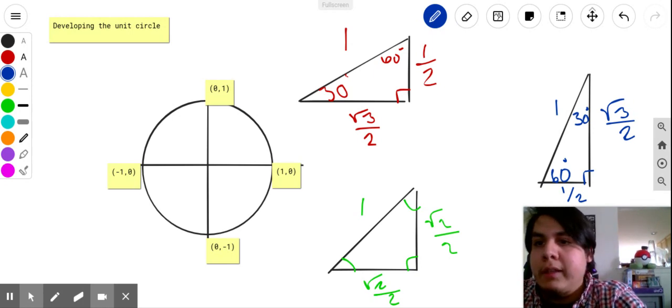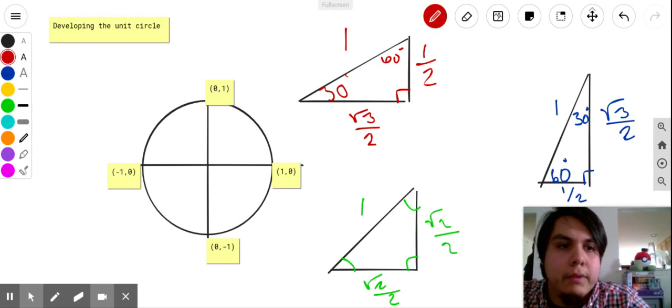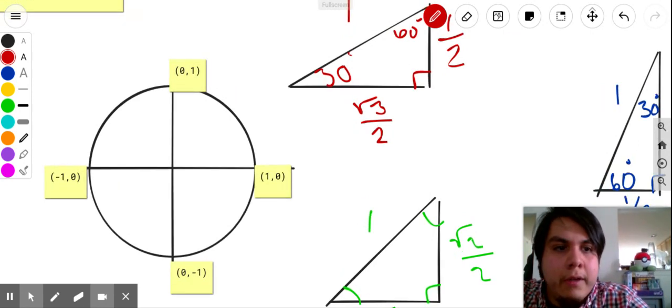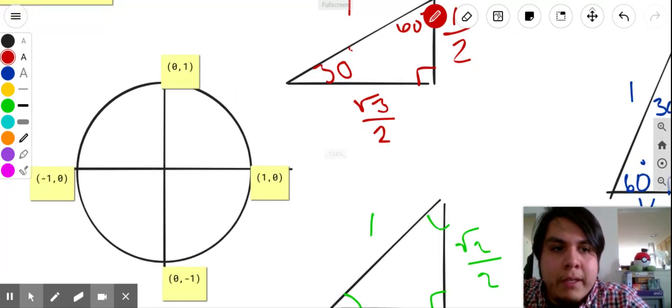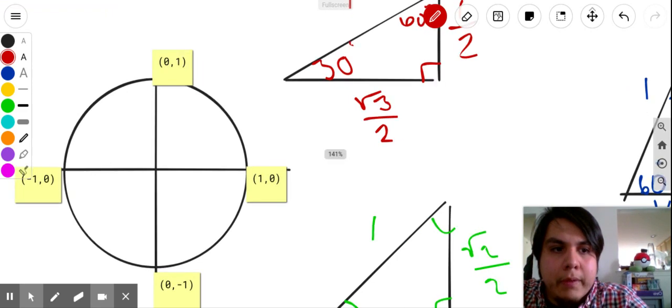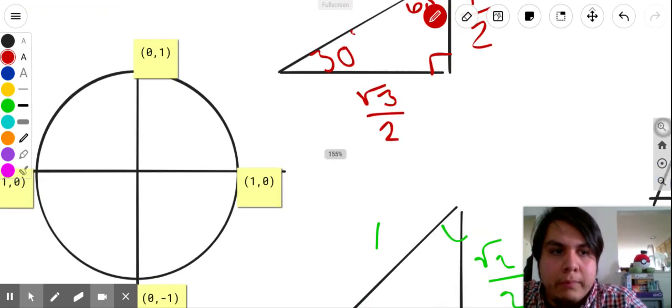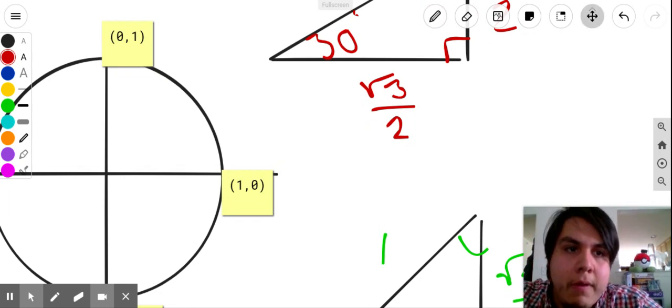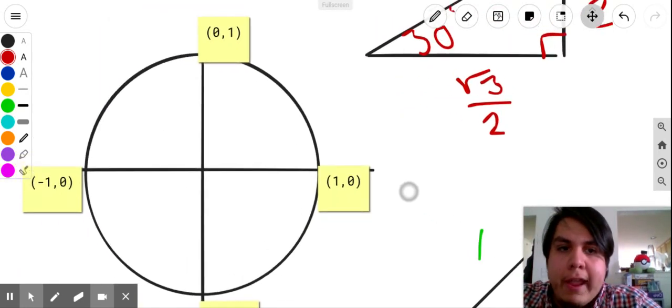So if you can imagine, I'm actually going to make this a little bigger right now so we can draw a little nicer. If I zoom in on this unit circle that I drew, I'm going to try to fit in all the triangles that I had before, right?